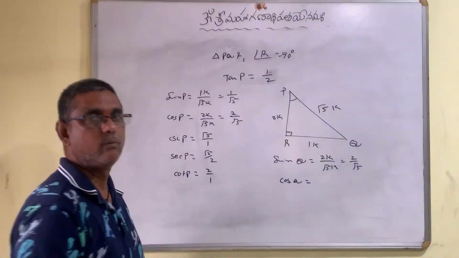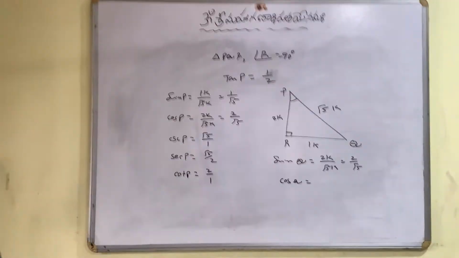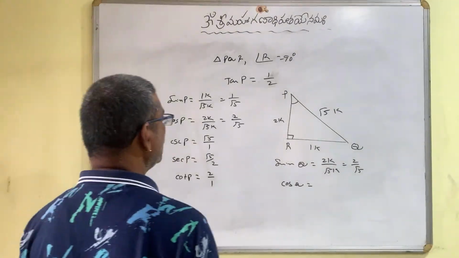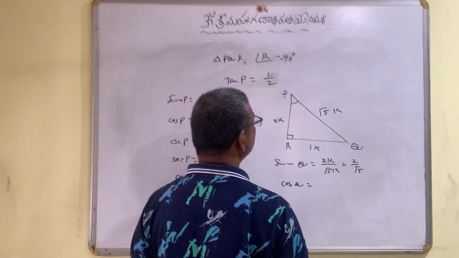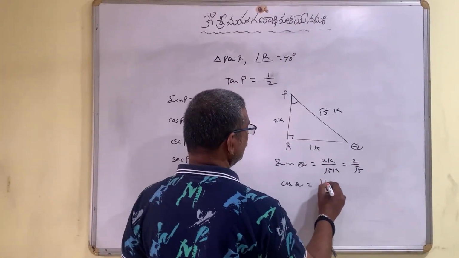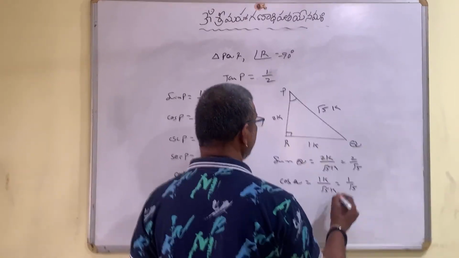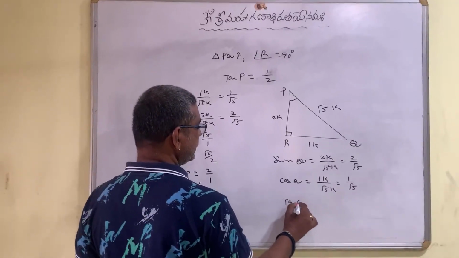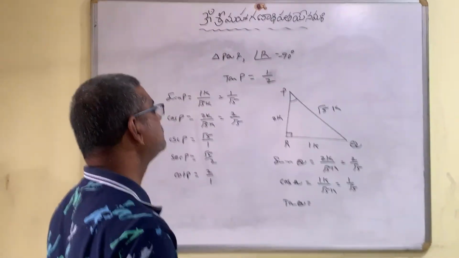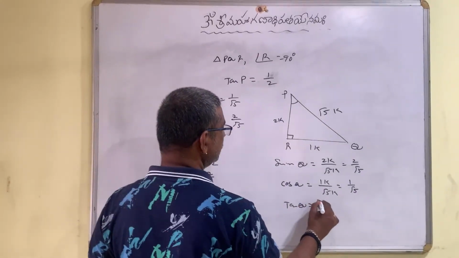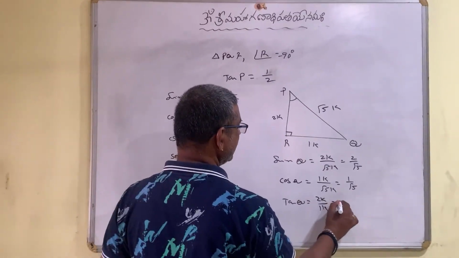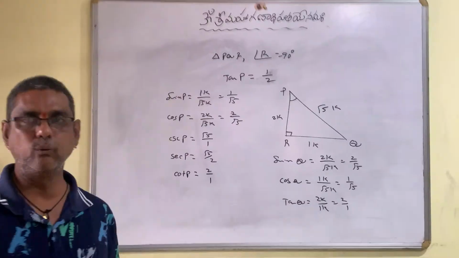Cos Q, 1k by root 5k, 1 by root 5. Tan Q, 2k by 1k, 2 by 1, which is 2.